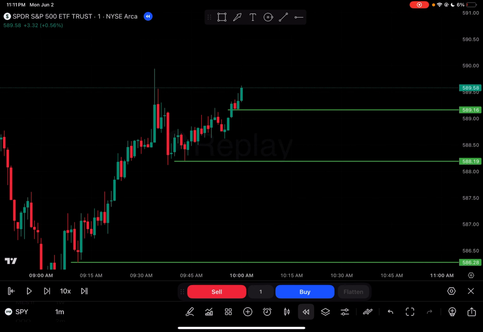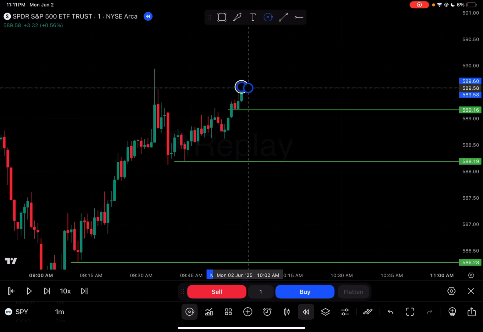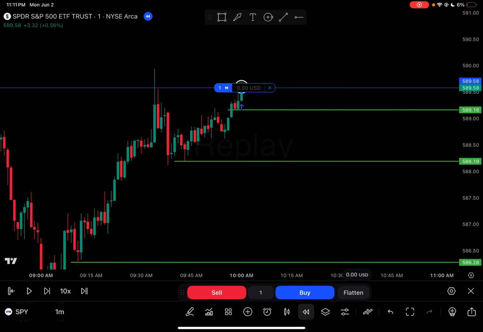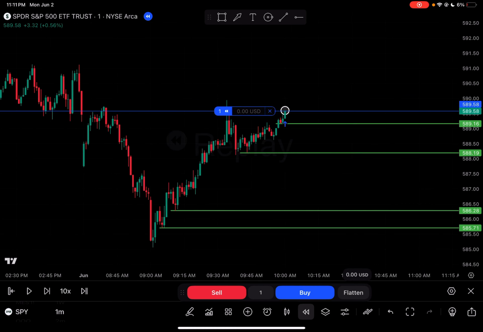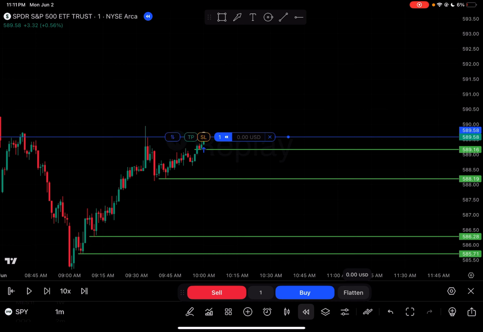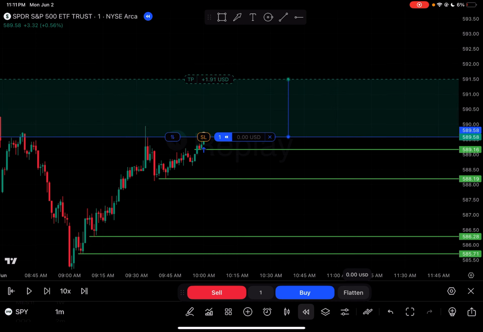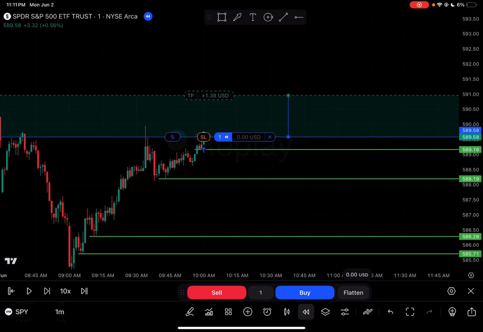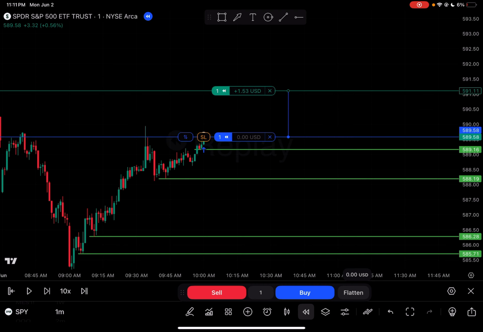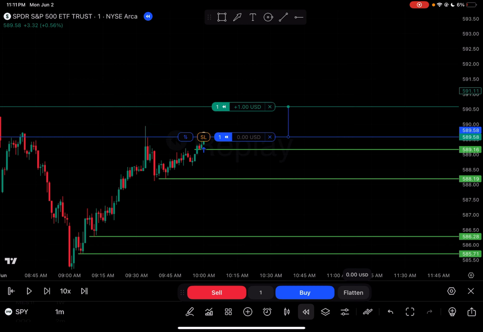So I got in at this candle right here for a buy. And because this is rallying, you can go in for $1. Because of how slow it is, I would go in for $1 take profit.